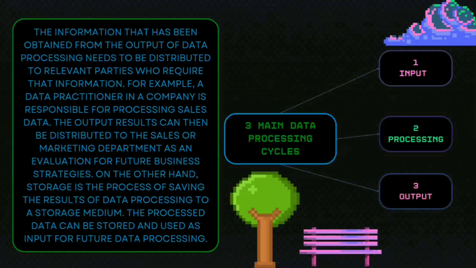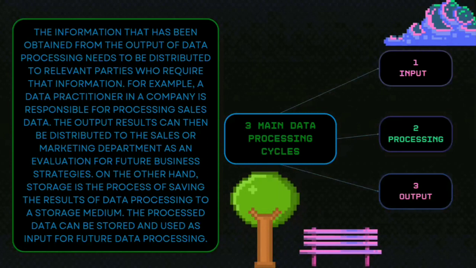The information that has been obtained from the output of data processing needs to be distributed to relevant parties who require that information. For example, a data practitioner in a company is responsible for processing sales data. The output result can then be distributed to the sales or marketing department as an evaluation for future business strategies.